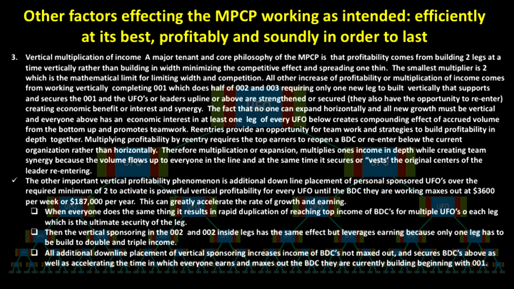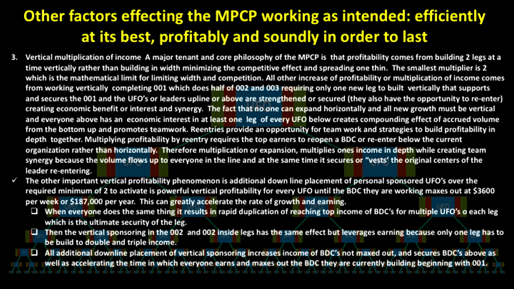So as you multiply income, you're not spreading yourself thin, but you're securing your income by other people earning at the same time. And when you go to earn more, it's basically down vertically under them, but it counts for your top income centers, securing them or vesting them. For instance, your 002 and 003 kind of vest or guarantee the 001.